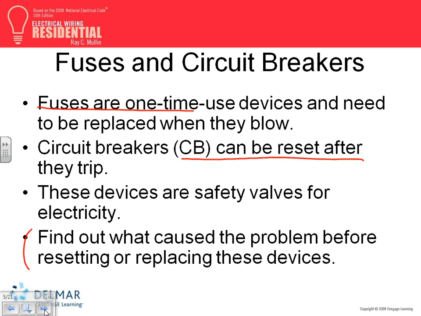A couple of things, guys. If the circuit breaker trips, the first thing you do is, Mr. Pugh, if you have a short circuit and it trips, you're not supposed to reset the circuit breaker before you check why it tripped. Why? Because if it tripped and you close it and you have a short circuit, it's going to trip again. It's not a big deal if it's a 15 amp circuit.